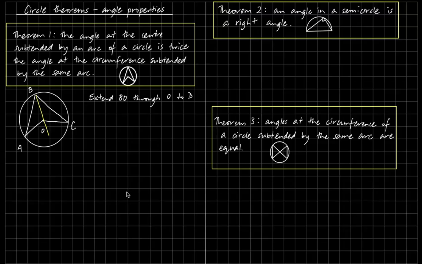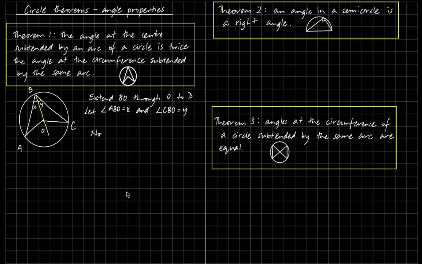Then let's call this angle in here X, and that one in there Y, just to save us a little bit of time. So we're letting angle ABO be equal to X, and we're letting angle CBO be equal to Y.